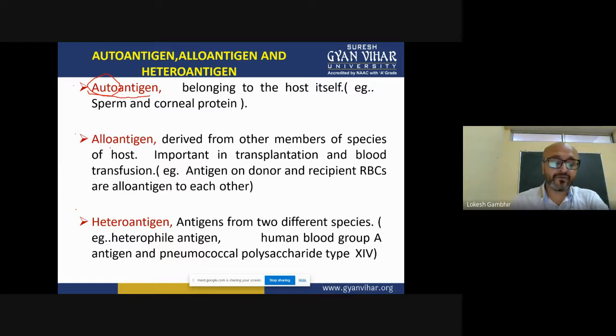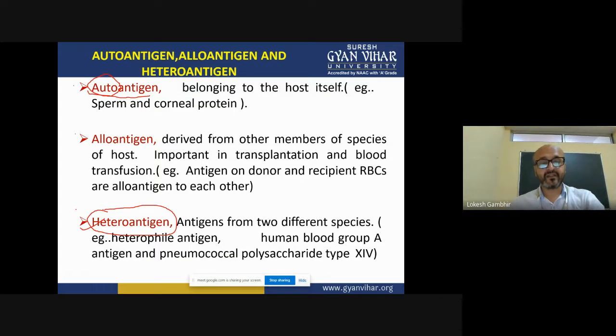Like in blood transfusion, if you are transferring blood, the blood surface antigens we are talking about, in terms of A and B antigen and the other glycoproteins, those are all called alloantigens. Then heteroantigen, of course, is the main category of exogenous antigen, where the species barrier is crossed and we are talking about two different species.